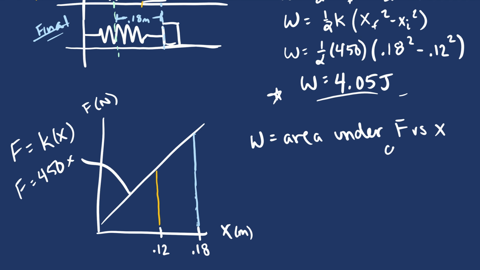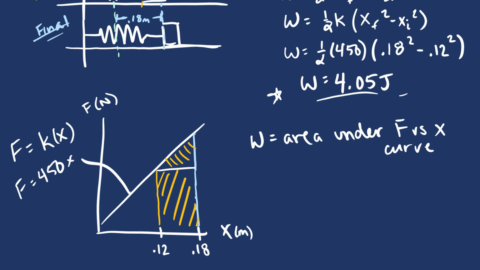Here we just have a straight line, so we can easily find the area without calculus. We want to split this up into two parts, find the area here and add it to this area up here, and that will give us the total area under this line.